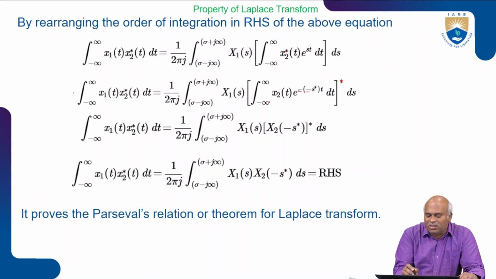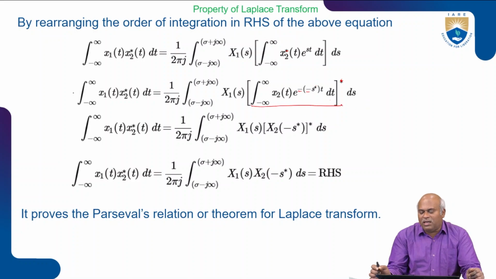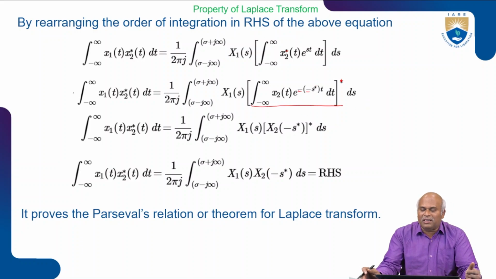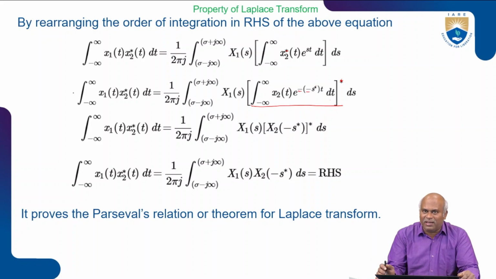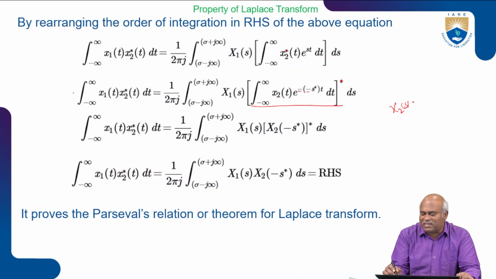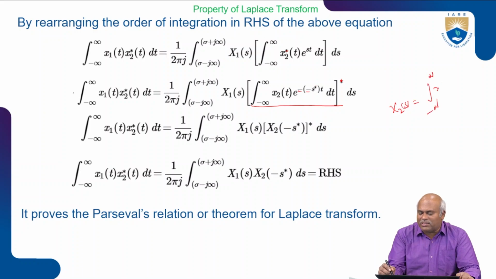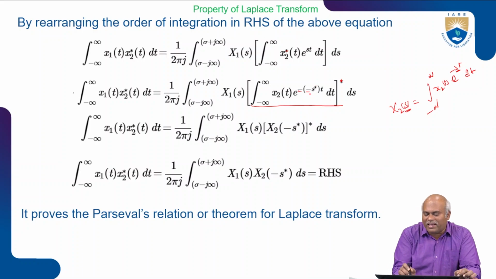So now this term looks like x2 of s. I write x2 of s is equal to the integral from minus infinity to plus infinity of x2 of t e power minus st dt. Whatever term is present for s, we write the same here, represented with the star.